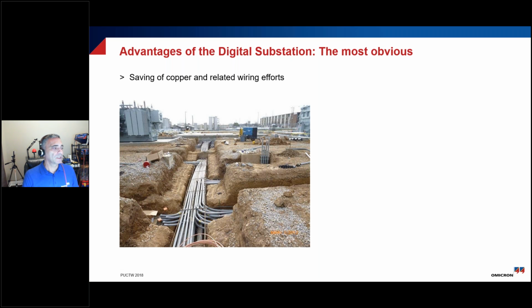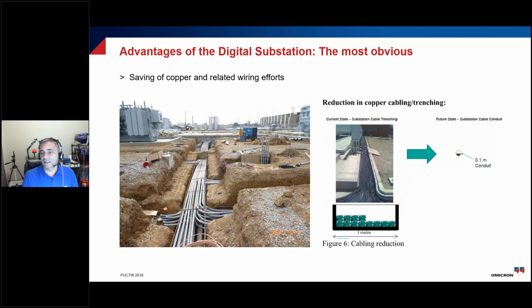So this is quite a big operation to put in all of this copper cable, and that can actually be reduced down to a few fiber optic cables, a small bundle of 5.1 meters, and I think that's a fairly large size actually.